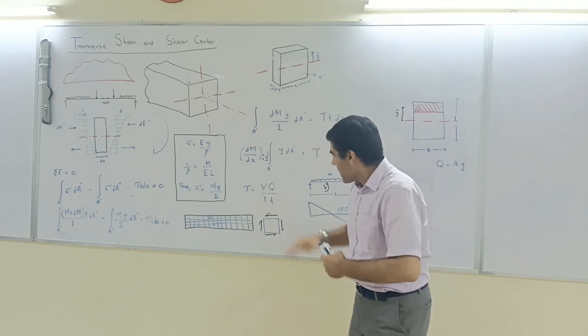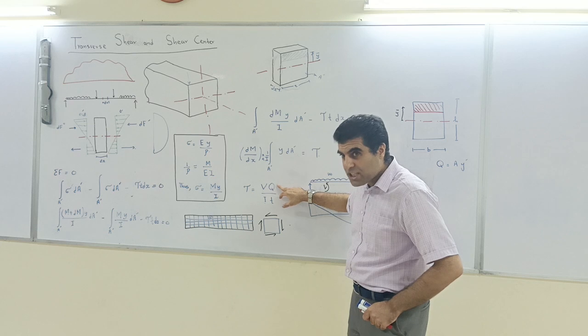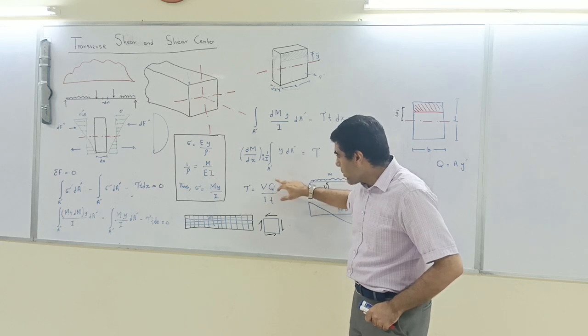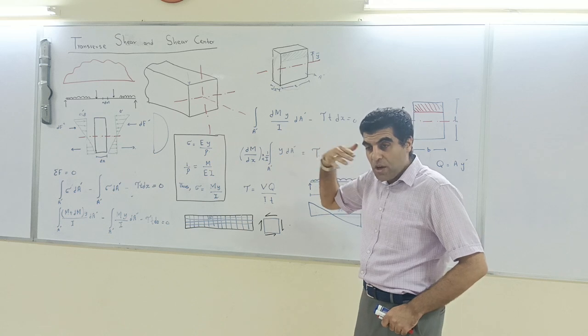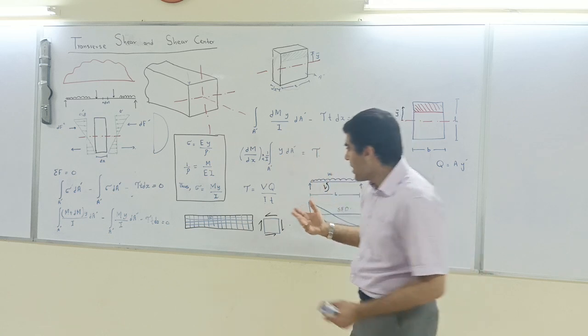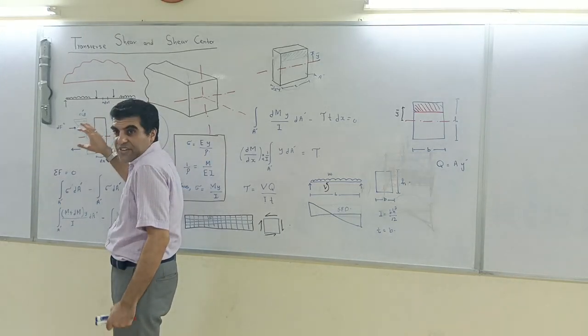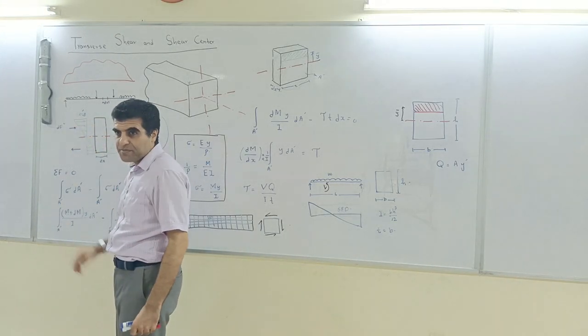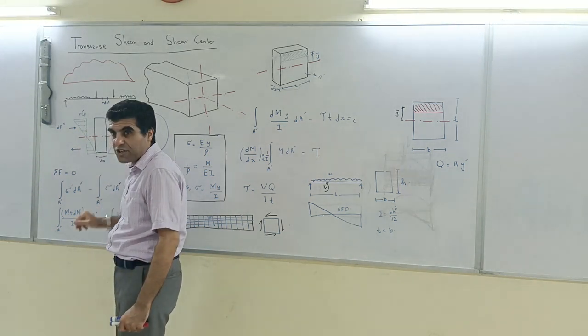So this Q is telling us which point within the cross section we are interested in for working out our shear, because the shears are different in different locations.